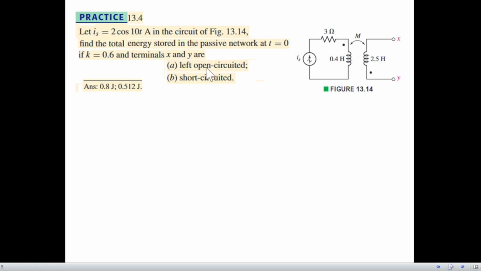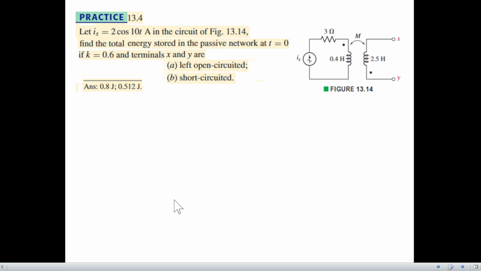At terminal xy we have to find the total energy when the terminal is left open, which is one condition, and the second condition is when the terminal is short-circuited. And the answer is also given here.